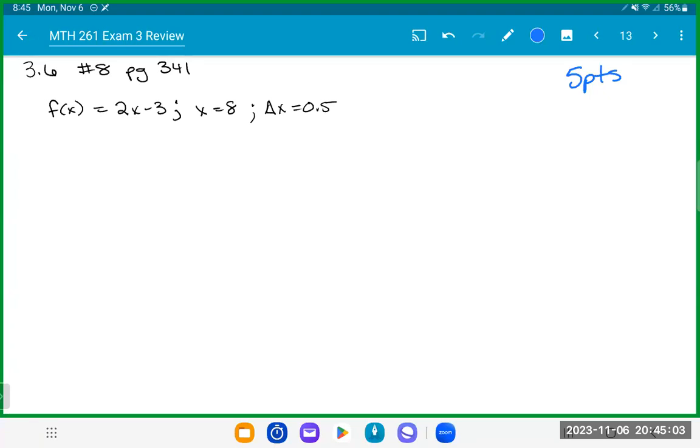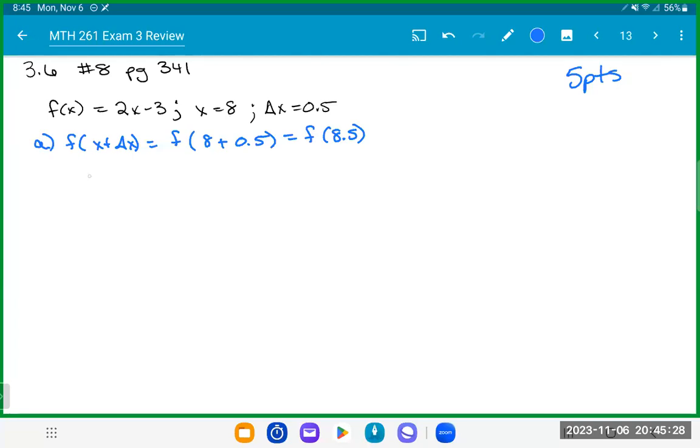Okay, so part A, we want f of x plus change in x. So f of x is 8 plus my change in x is 0.5. So that's f of 8.5.